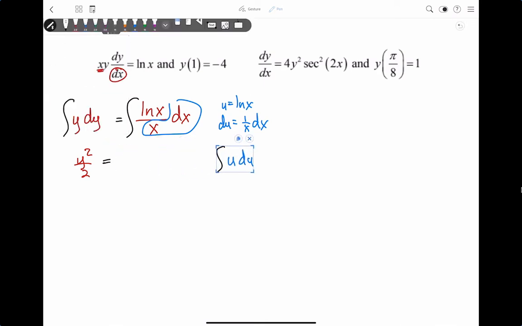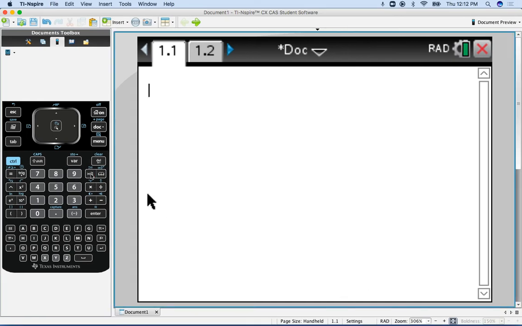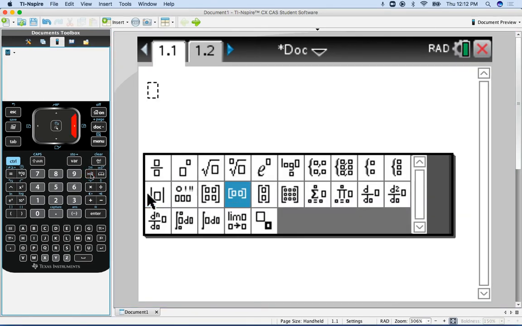And if I do take the integral, I'll get u squared over 2 plus c, and now we're just going to resubstitute this back in for this u piece. So we'll have the natural log of x, quantity squared, over 2 plus c. This is what our antiderivative would in fact end up becoming. Now let's say that, again, we have the calculator, and you weren't sure of that, but you wanted to take the integral.